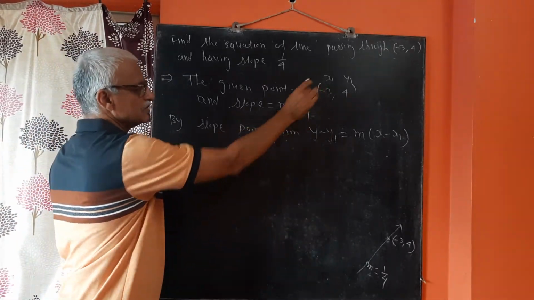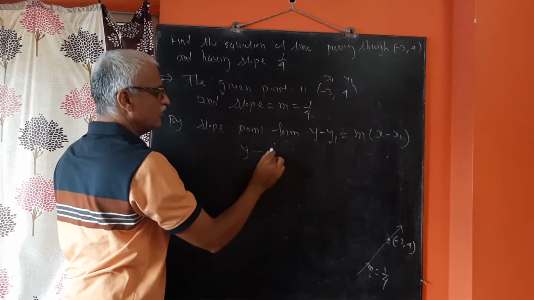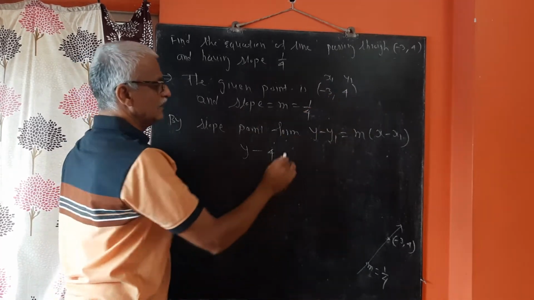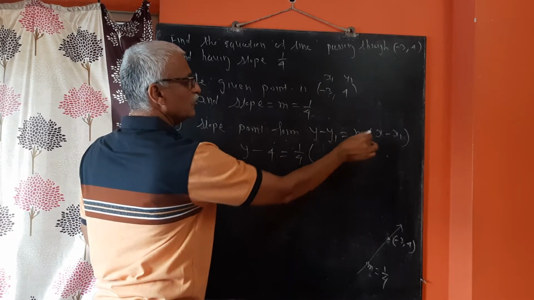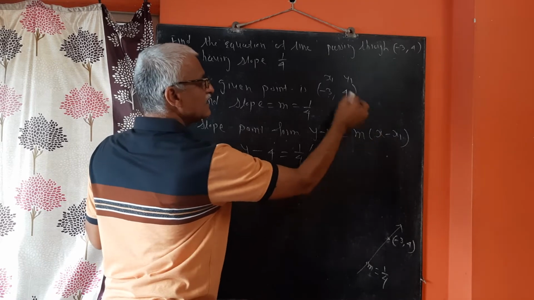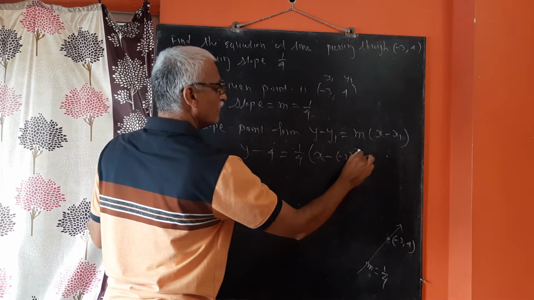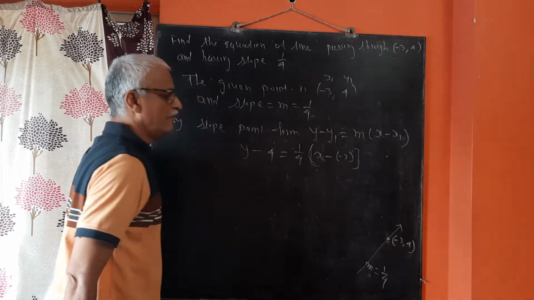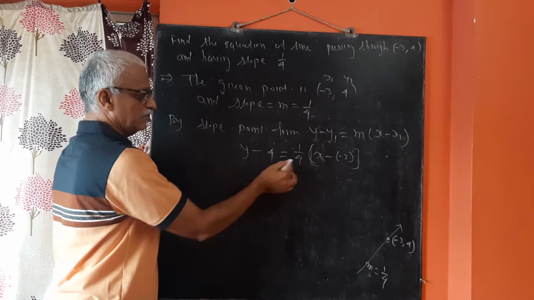Now substitute the values. We get y minus y1, y1 is 4, so y minus 4 is equal to m, m is 1 by 4, into x minus x1, this is minus of minus 3. Now let us simplify it by cross multiplication.